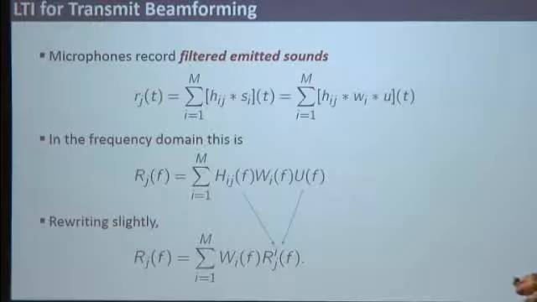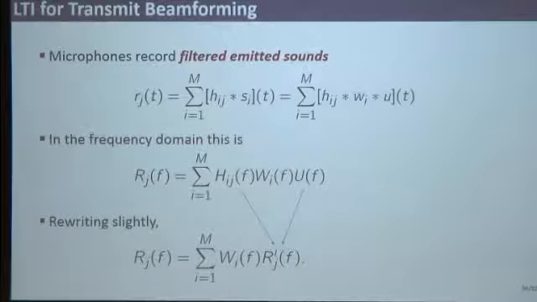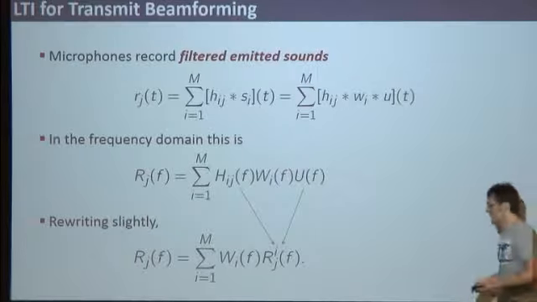That's very simple. For us, every signal emitted by a certain source is a filtered version of some template pulse that we're emitting. So we can write s_i as w_i, which is the beamforming filter for this particular beam and this particular microphone, and u is the template pulse that we're using. We can rewrite this in the frequency domain just as multiplication.